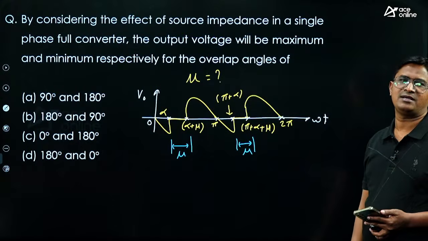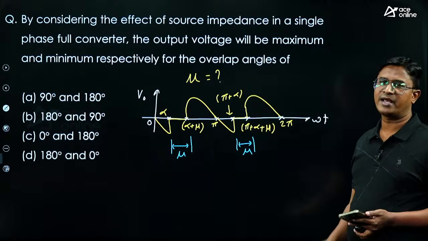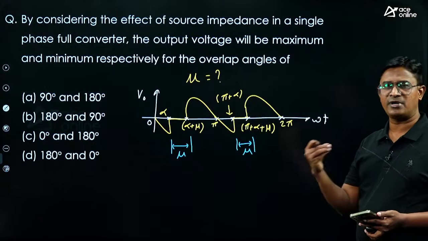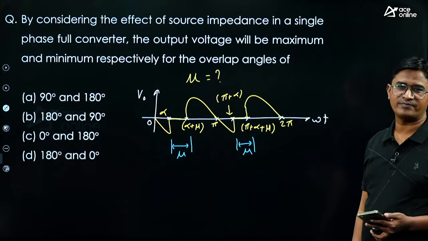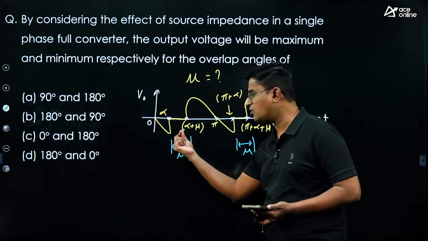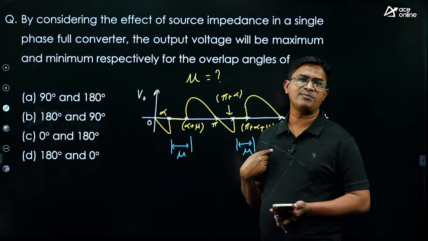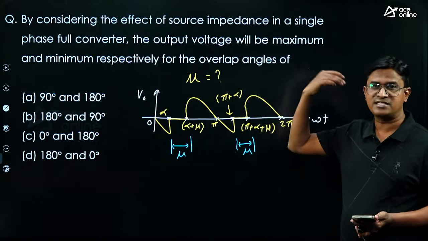Then tell me, at what value of overlap angle mu will I get the output voltage minimum and maximum? If mu is 0, there is no zero interval, so my output voltage will be maximum.